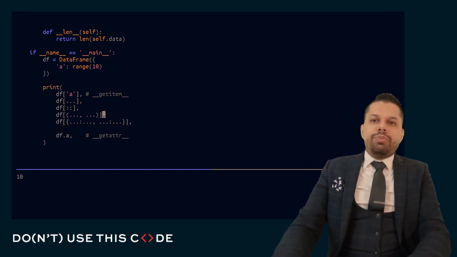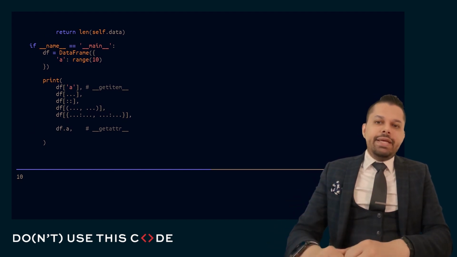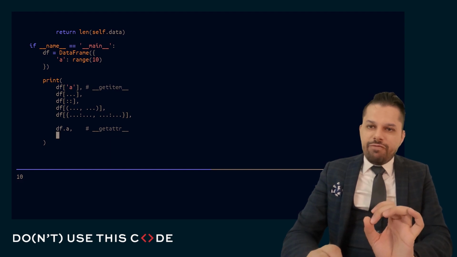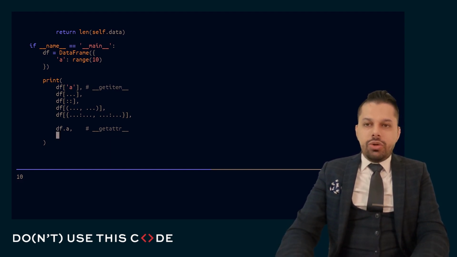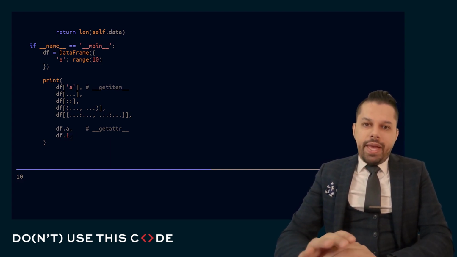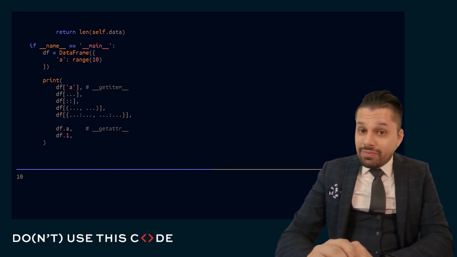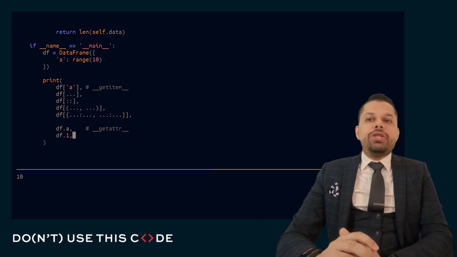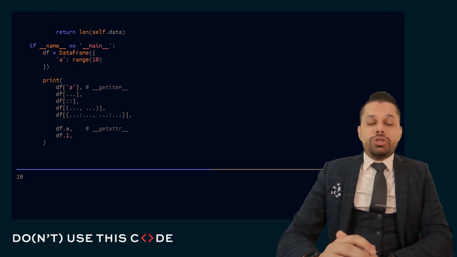When you think about the getAttr protocol, well, the actual key, the attribute name that the getAttr protocol can take, must be a valid Python identifier. And so if you had a pandas column name that happened to start with a number, you can't use this particular protocol to look it up.